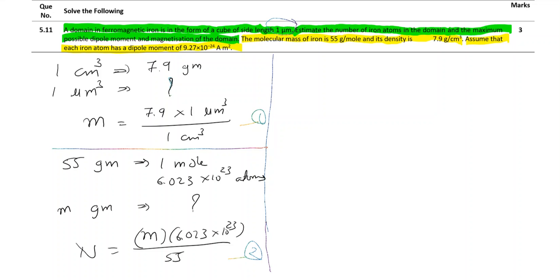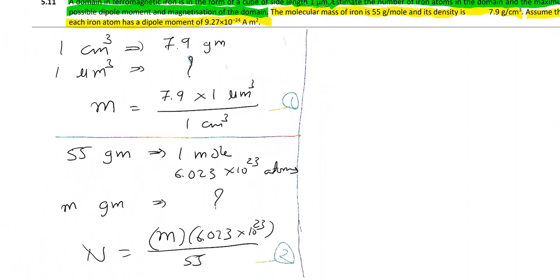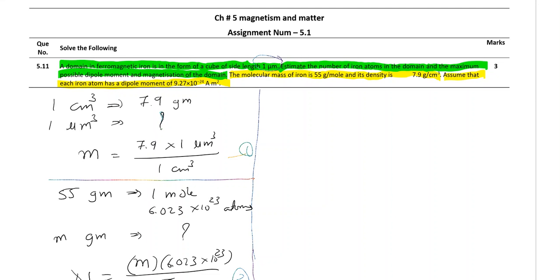What next? Now we know that one atom is having 9.27 into 10 raised to minus 24 ampere meter square dipole moment, and now we know how many atoms we have, so we should be able to calculate the total dipole moment.